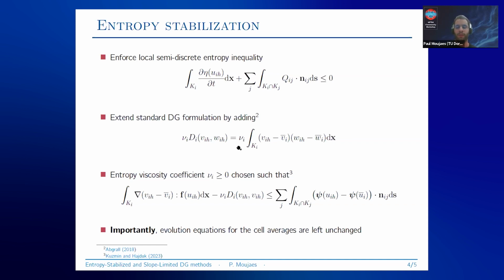And we choose nu such that we satisfy a Tadmor-like condition, an integral version of Tadmor's condition, and then we can show that this inequality holds. And importantly, the evolution equation for the cell averages is not changed, so we keep our numerical stability.